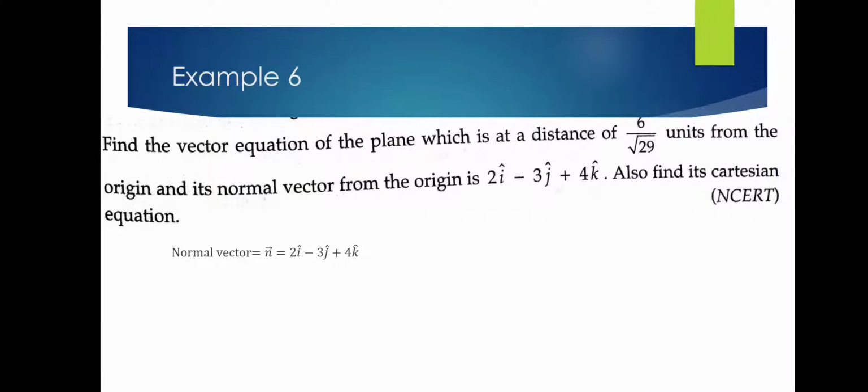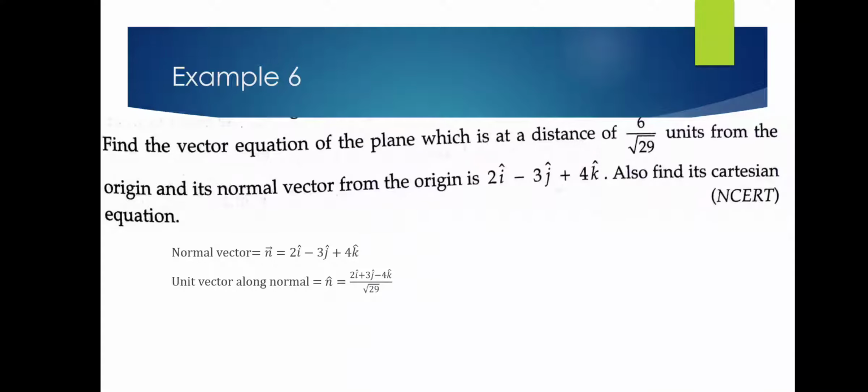So from the normal, let me just try to find out the unit vector towards the normal. Once I know the unit vector and I am given the perpendicular distance from the origin, I know that unit vector means I know the direction cosines.